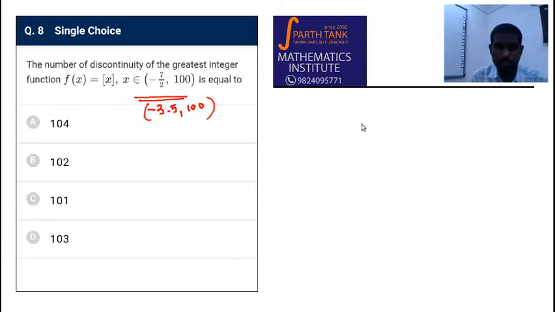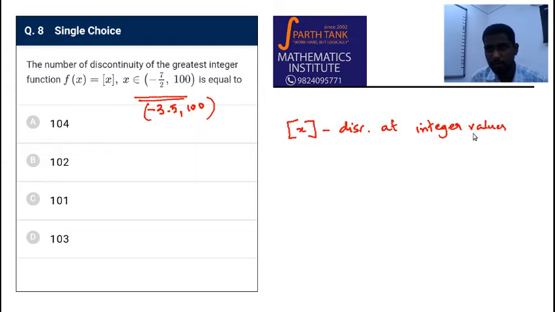Now there is nothing much to think about this problem. We know that box x is discontinuous at integer values of x. So in this region, that is open interval minus 3.5 to 100, open interval 100, what are the integers that we have?